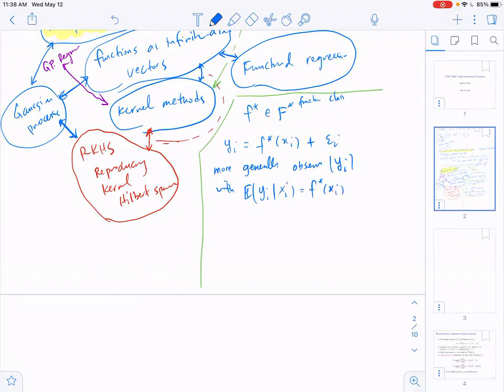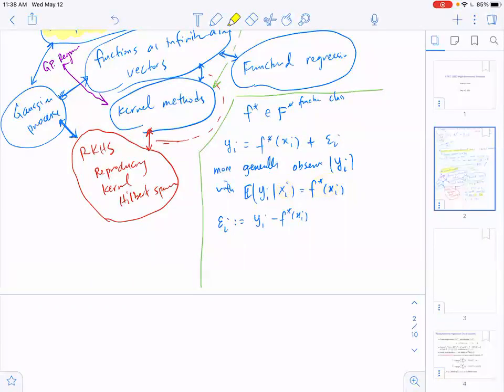And then you can define the deviation to be basically yi minus f star of xi. So you can write something like that, but the noise could also depend on xi or f star of xi.